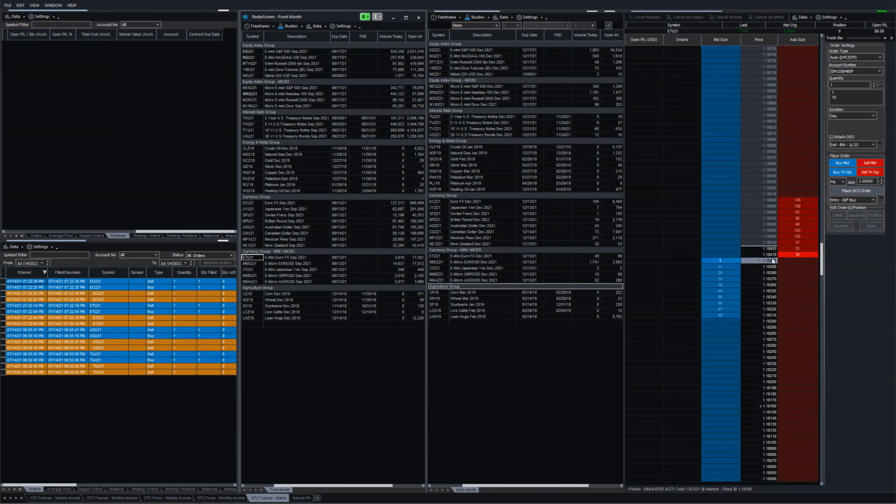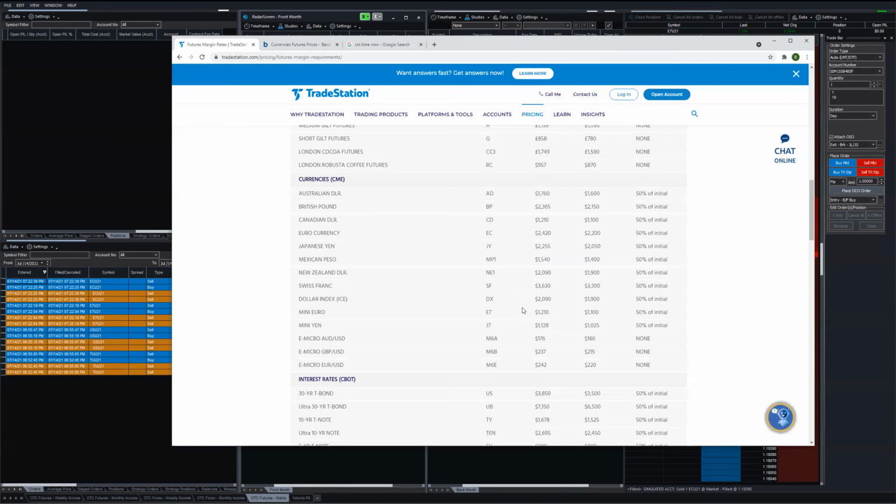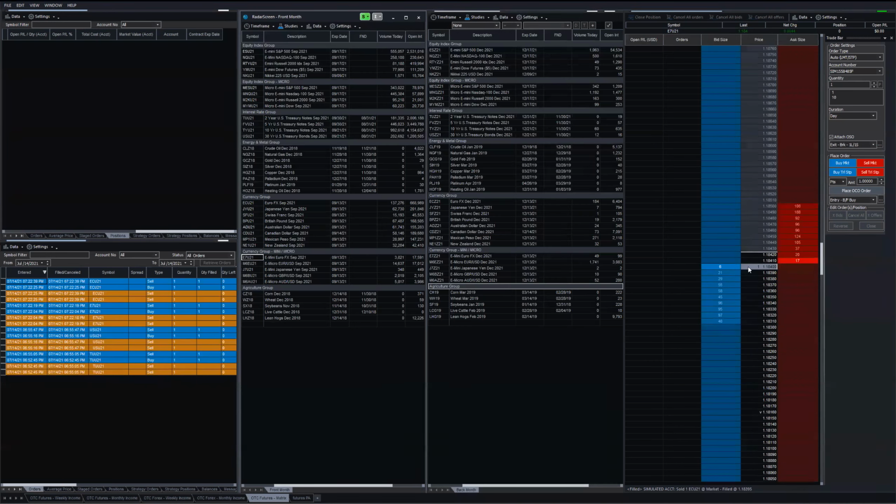For sure, it's less margin requirement. The margin requirement is literally half, right? And that's why you have to plot the unadjusted chart as well.